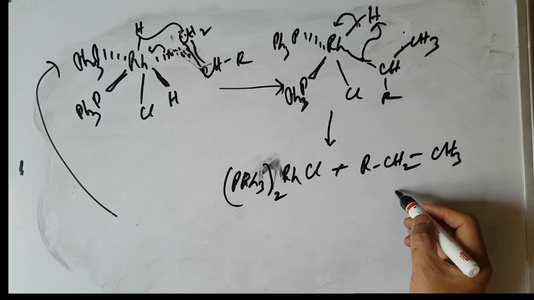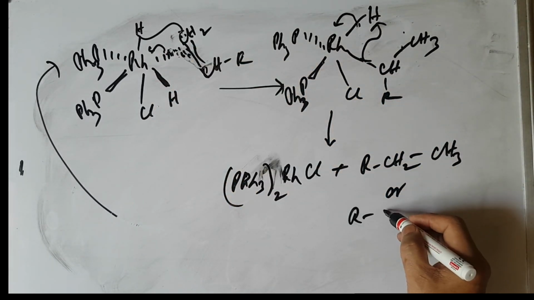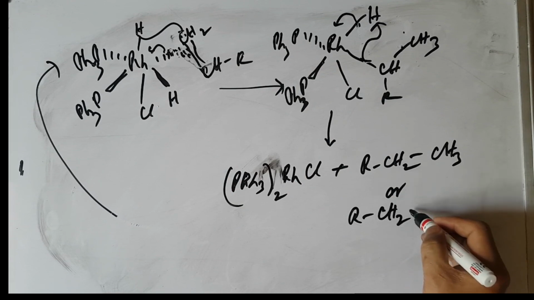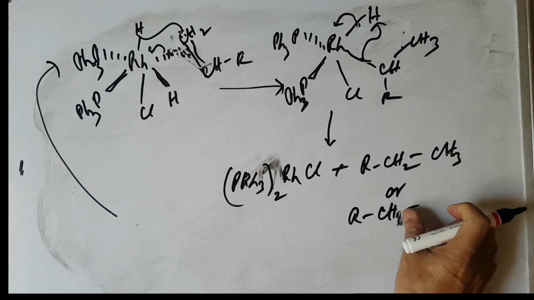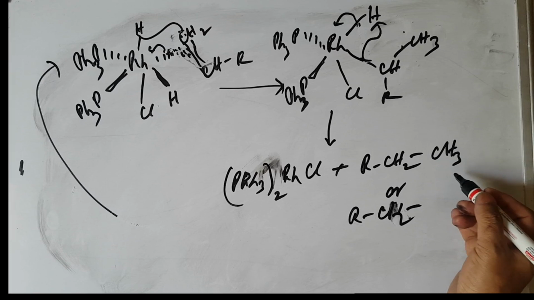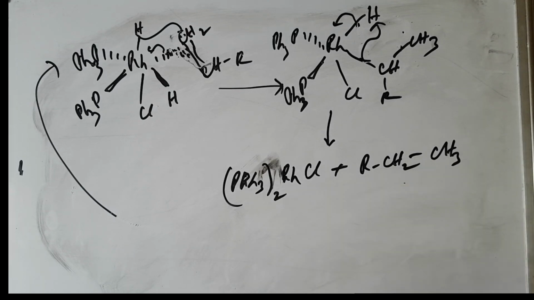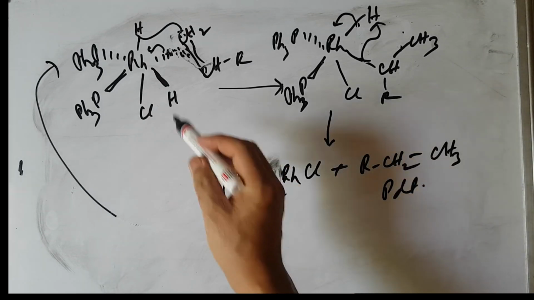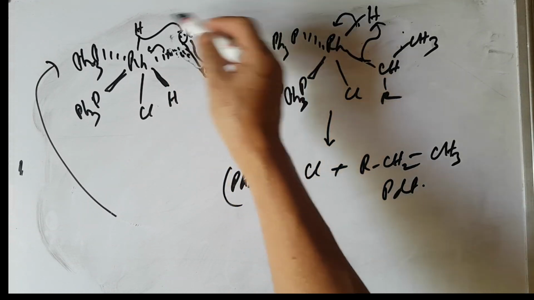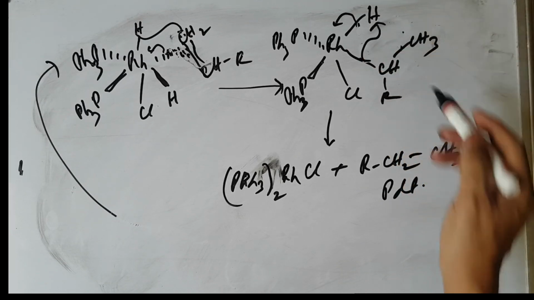This way, or you can have RCH2CH3 by attacking the other position. This is the saturated form, the product. In some cases you get attack here or attack here, like this. One will go, and so finally you get the product.